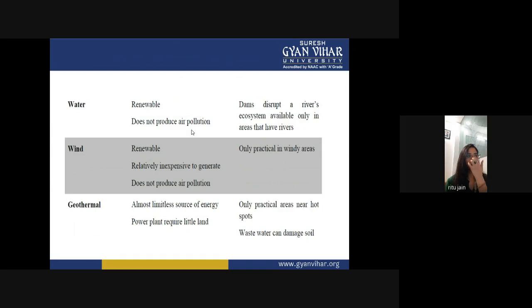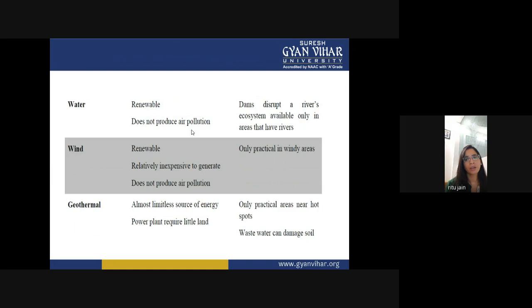Now, next we come to the water. So, water is a renewable energy source. It does not produce air pollution. We have already discussed in our previous lecture how electricity is generated from the hydropower plants. Okay. Now, dams disrupt our river ecosystem, and it is available only in areas that have rivers. Okay. So everywhere you can't get the water.